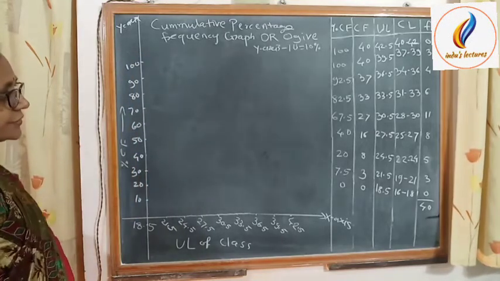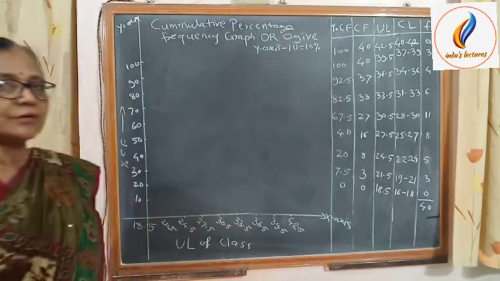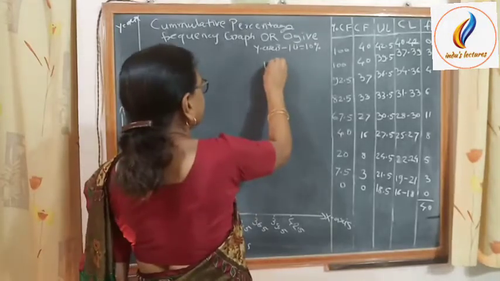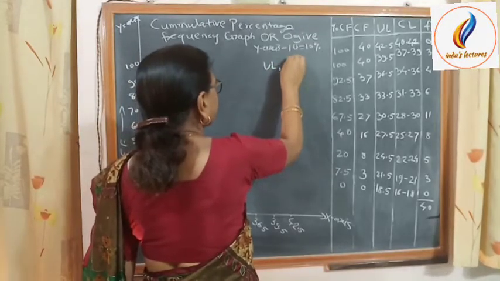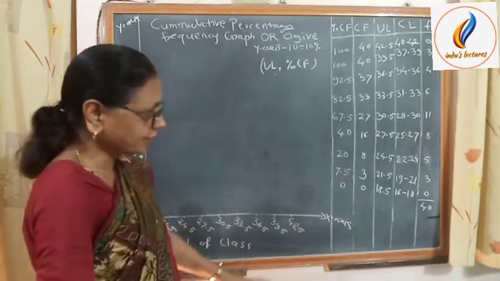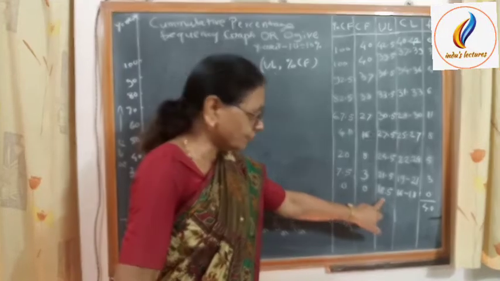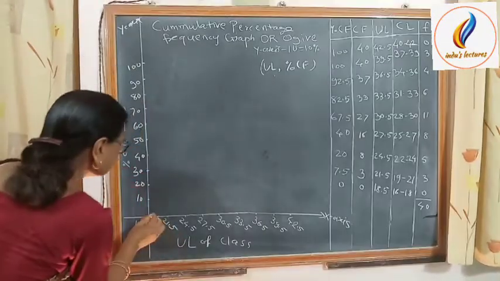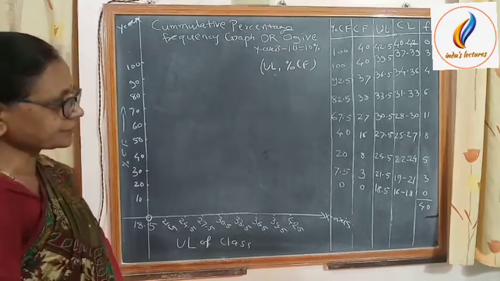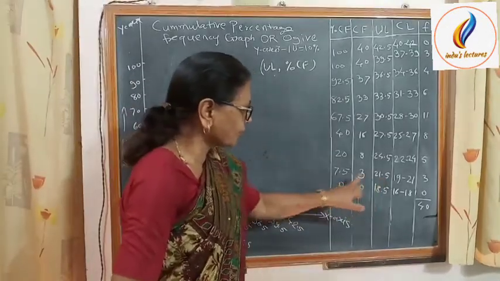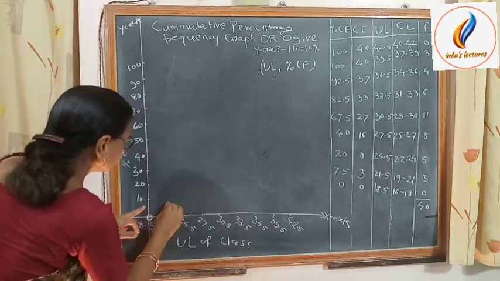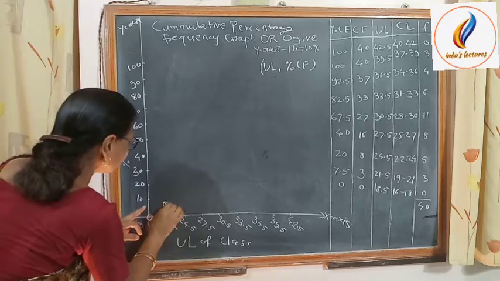Now plot the points as upper limit, comma, percentage cumulative frequency. So the first point is 18.5, 0. That means it is at the point of intersection of the coordinate axes. The next point is 21.5, 7.5. So 7.5 means here. This is the next point.